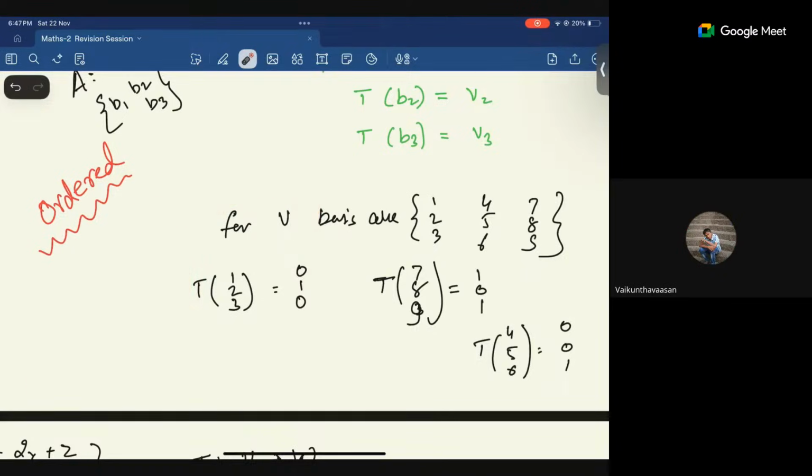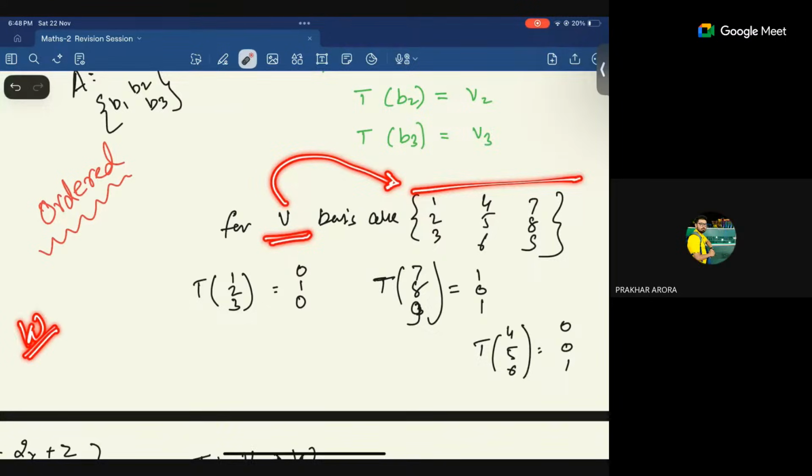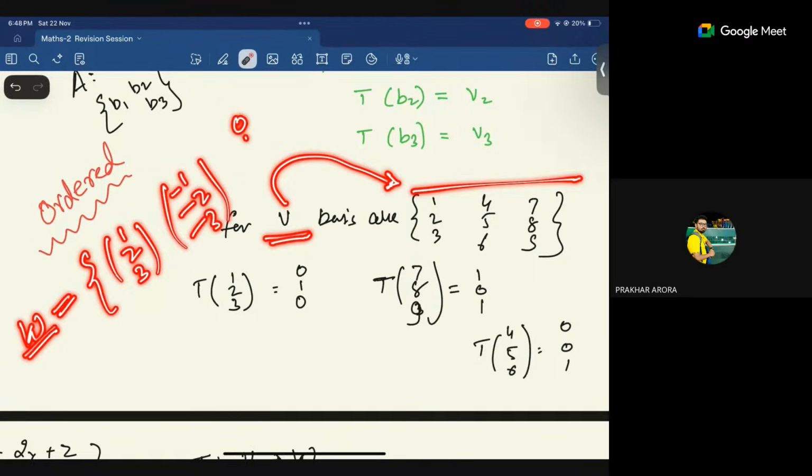Which topic, sir? See here, this is not standard basis, right? Yes, sir. And this is the input space. I have given you an input space which has a non-standard basis. And they can give you an output space which has even different bases.